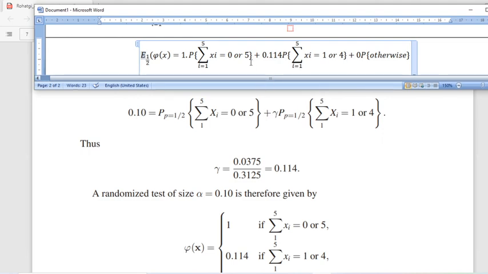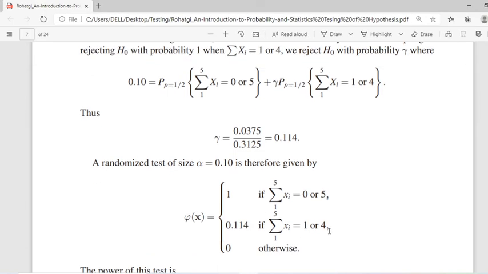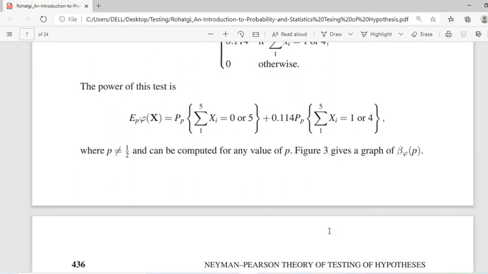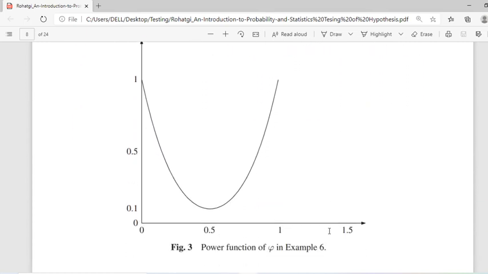When we compare these two equations, we can easily say this.